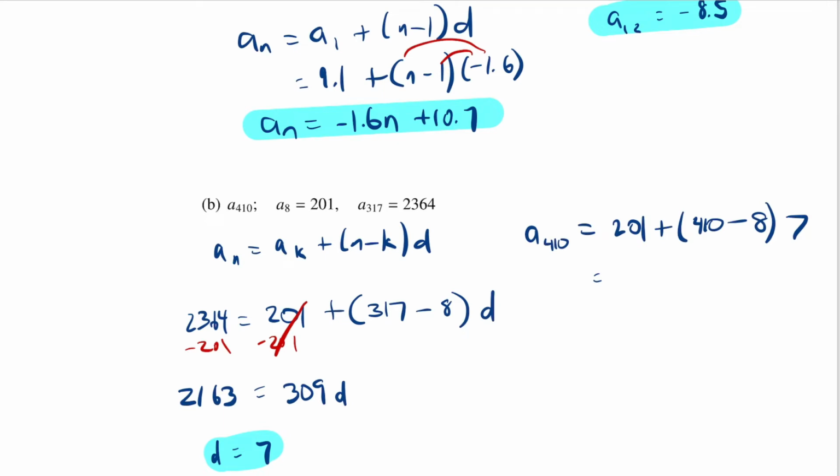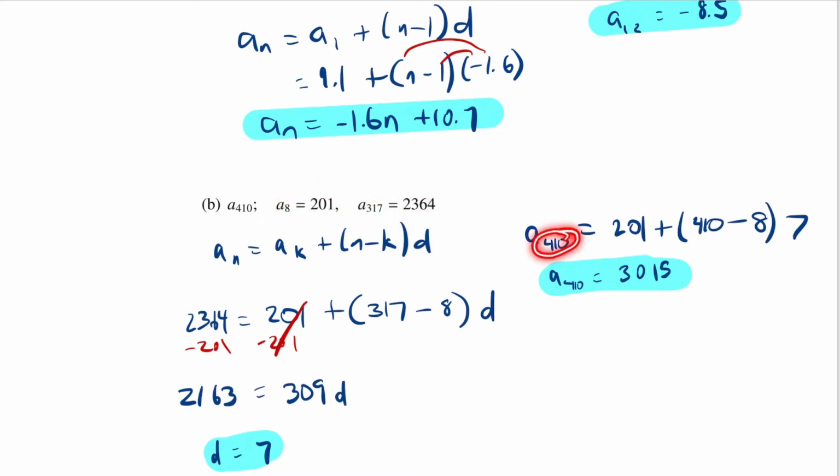All right, so notice that once I found d, so this was my a sub n, a sub k, k. Over here, I used my n that they're asking for, and then I used my a sub k and my k, and this was my n. Okay, moving on.